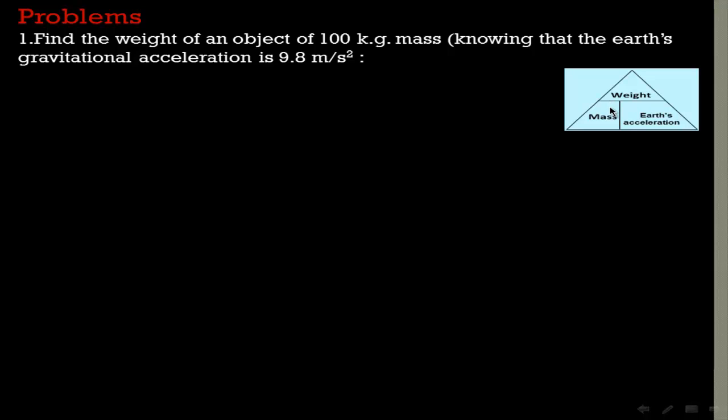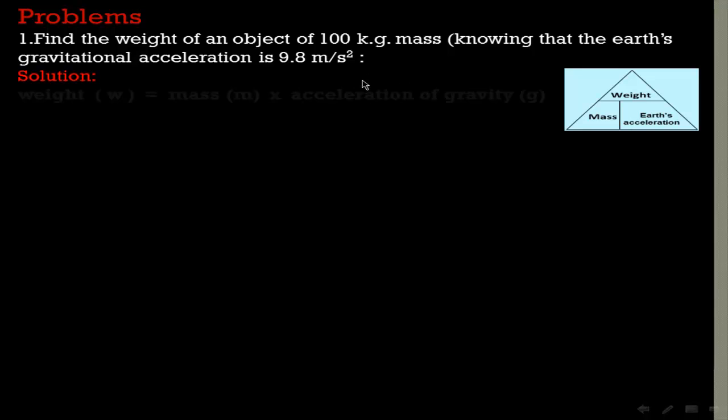This triangle is very important here to solve the problems of weight. Now, he gives me the mass of this object equal to 100 kilogram, and mass must be in kilograms unit. Take care about this point. And he gives me the Earth's acceleration equal to 9.8 meter per second square.